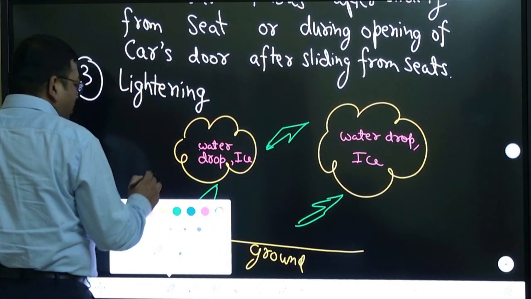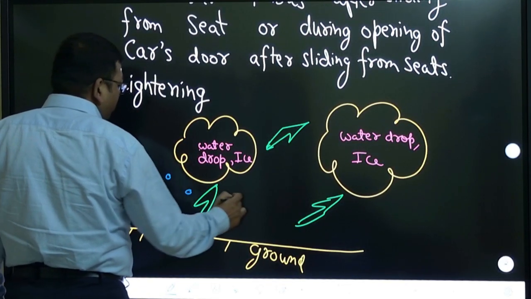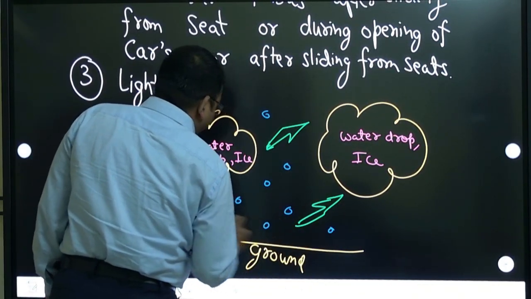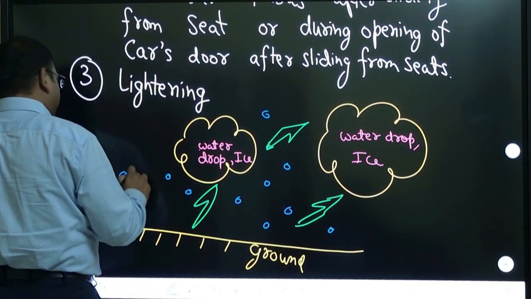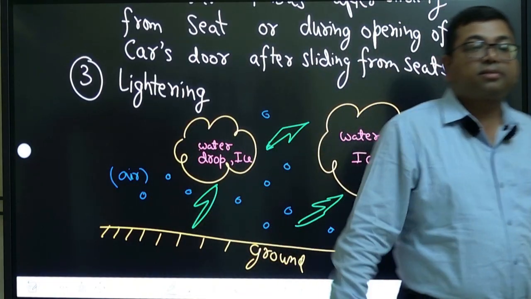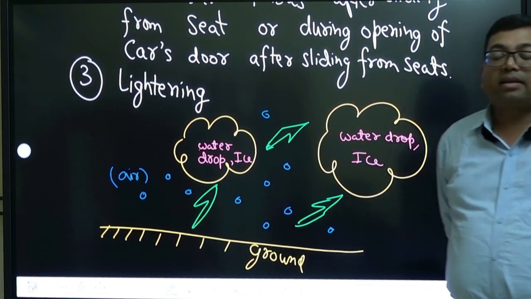Let us consider that here lot of air molecules will be there. And air is a good conductor or bad conductor? What do you think? Is air good conductor or bad conductor? Bad conductor, right?